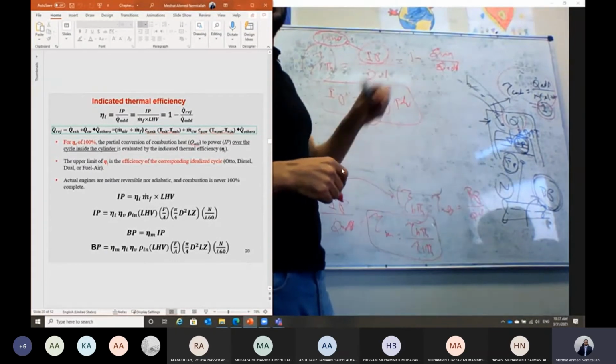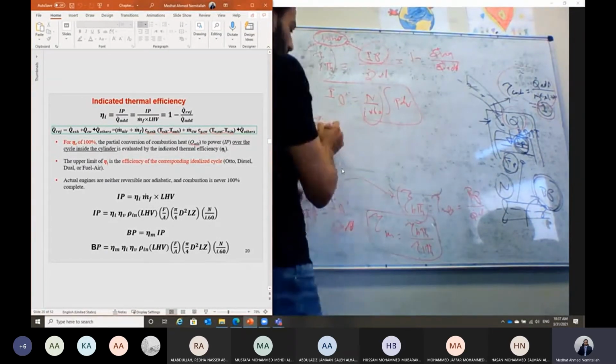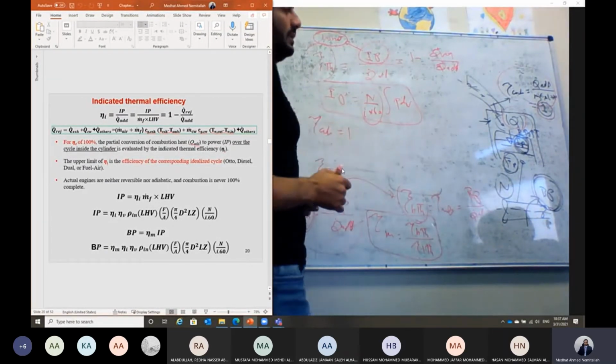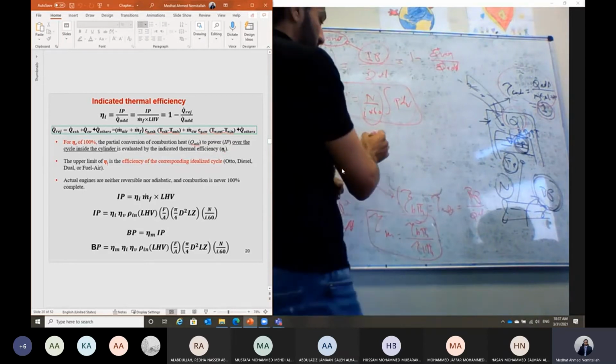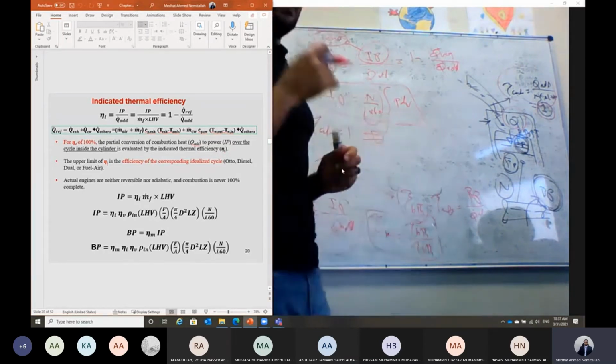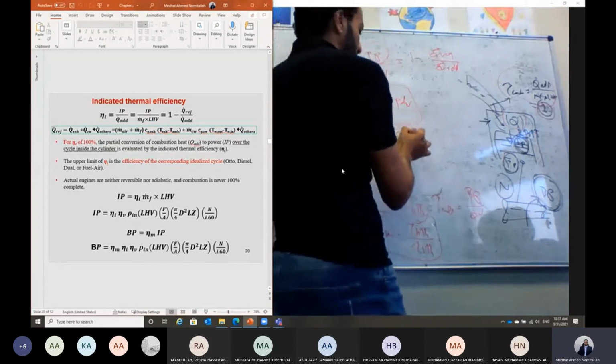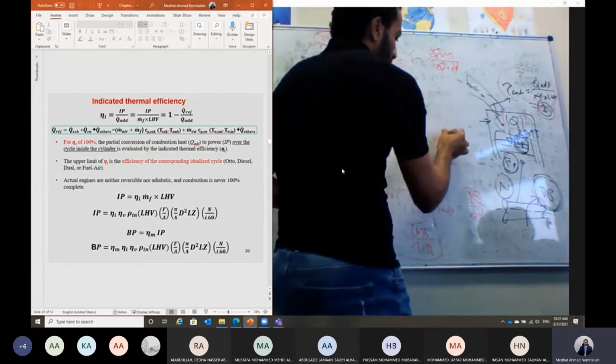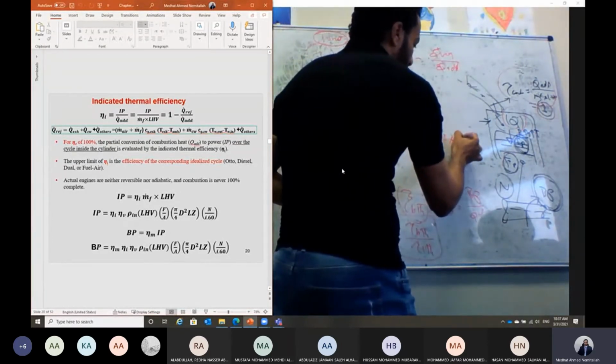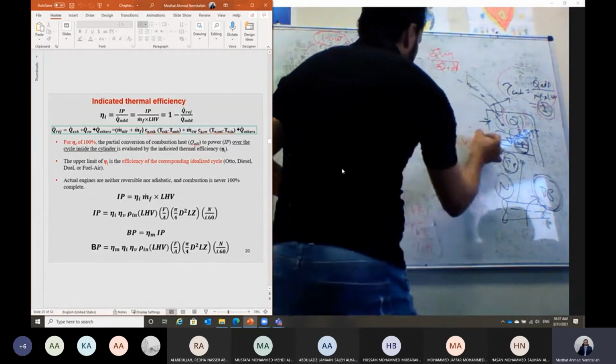But if the combustion efficiency is equal to 1, and this will be the case in most of the analysis, then we can reduce it: Q dot added should equal m dot fuel multiplied by the lower heating value of the fuel.